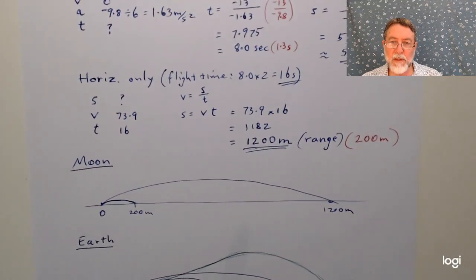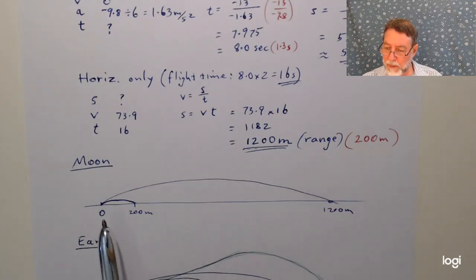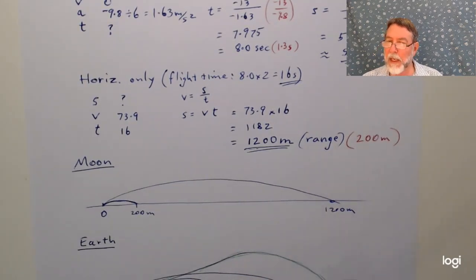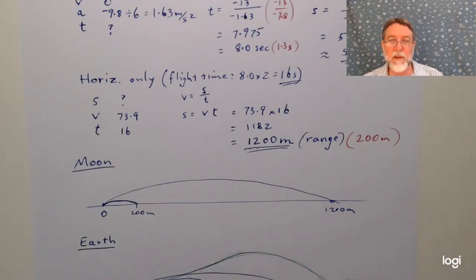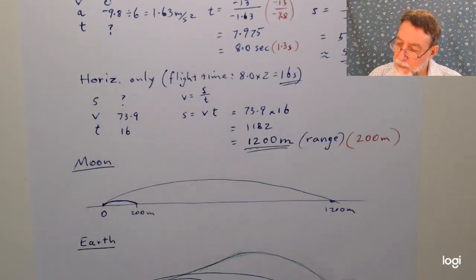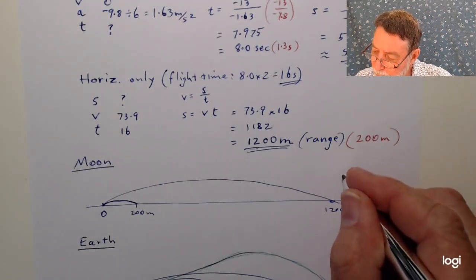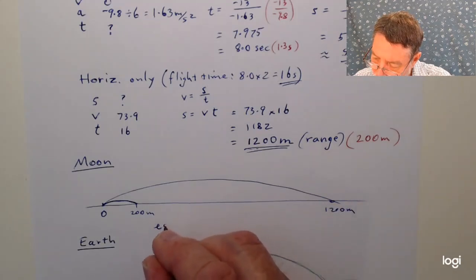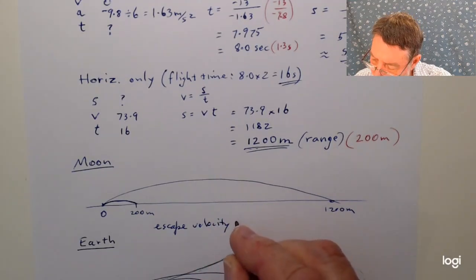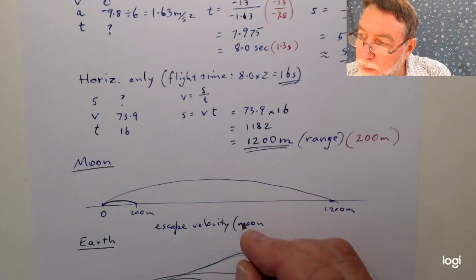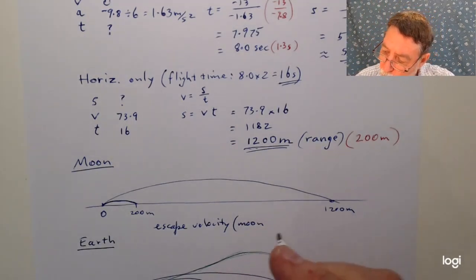I have actually done this in class with students, talked about this path here, and the question usually comes up, so if you hit it that hard on the moon, doesn't it just go out into space? So you can look up what the escape velocity for the moon is, just Google it. Escape velocity for the moon is 2.4 kilometers per second.